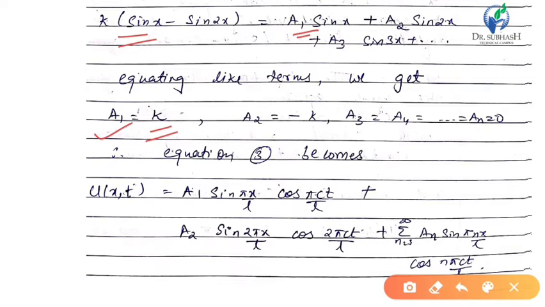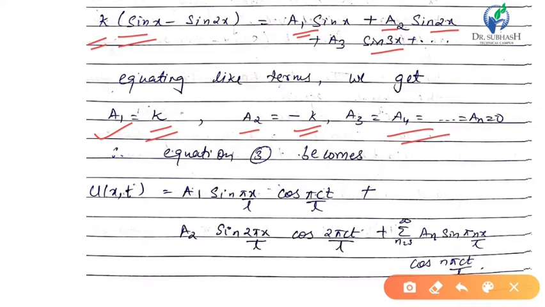Coefficient of sin 2x here is minus k, so here I am putting minus k. On the RHS side, coefficient of sin 2x is a2, so here I am putting a2. Okay. Now the rest of all portions will be 0. Sin 3x, sin 4x. The coefficients a3, a4 up to a_n will become 0, since there are no such terms on the left hand side.